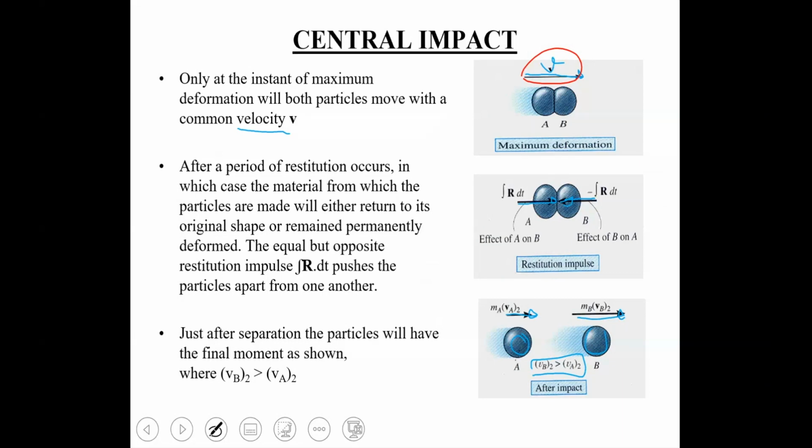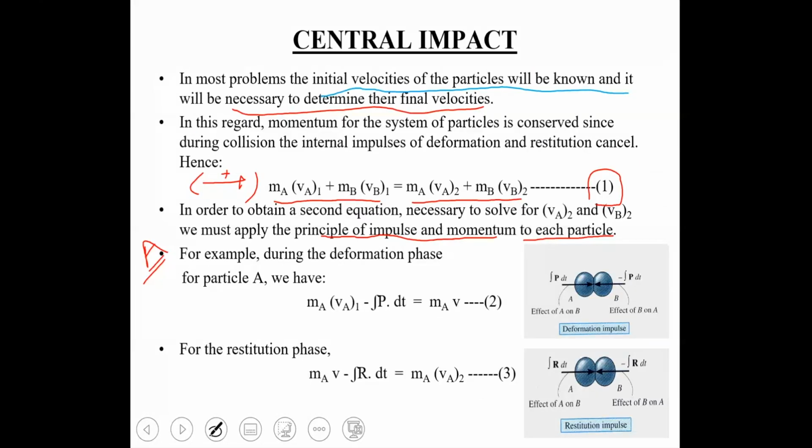So applying the principle of impulse and momentum on particle A during this deformation phase along the line of impact, the principle says that the initial momentum of particle A before the deformation phase plus the sum of all the impulses acting on particle A during this deformation phase should be equal to the final momentum of this particle A after this deformation phase. Deformation phase से पहले particle A का momentum MAVA1 था.